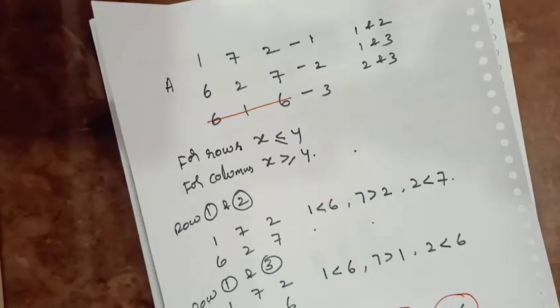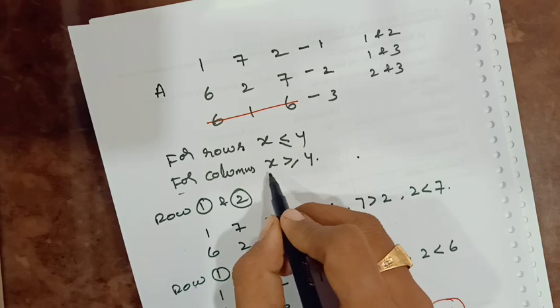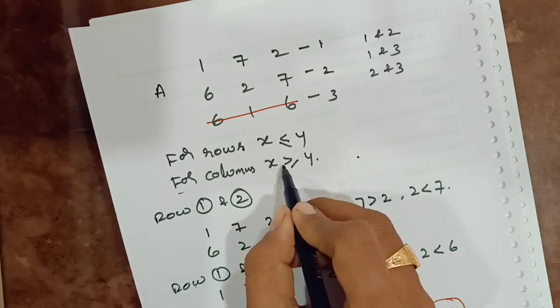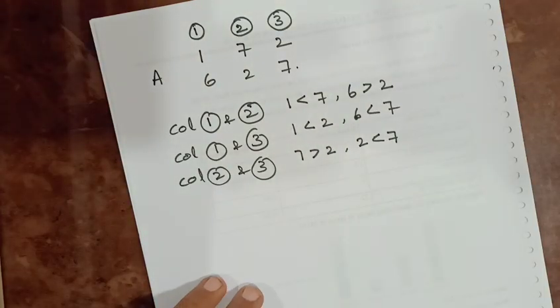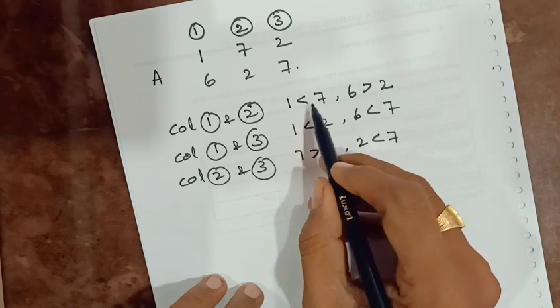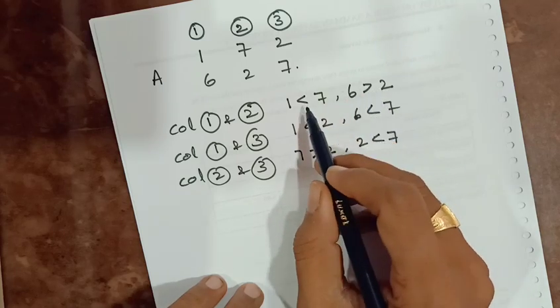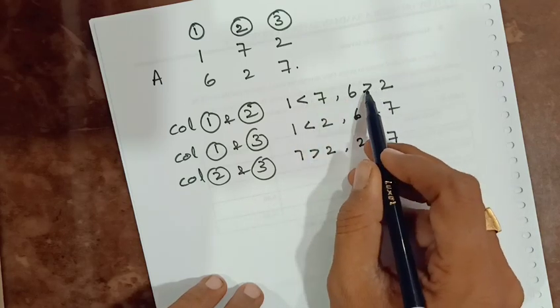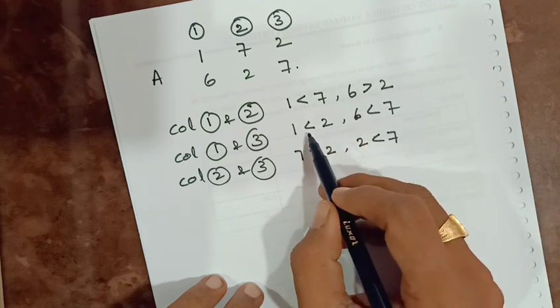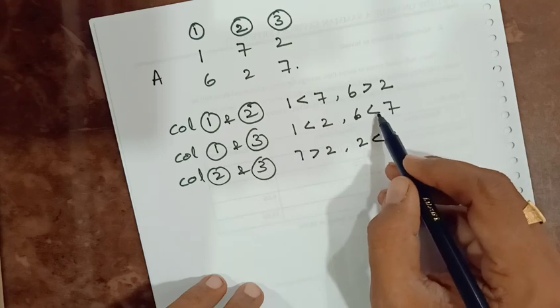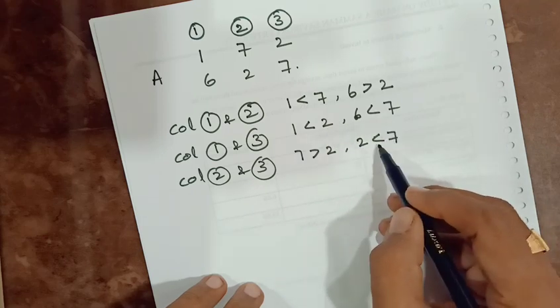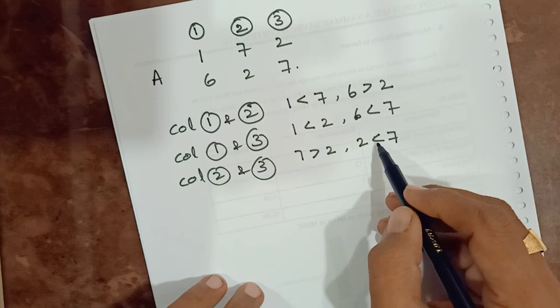So the dominance principle for columns is x should be greater than y. Here we have less than and greater than, so there is no dominance.